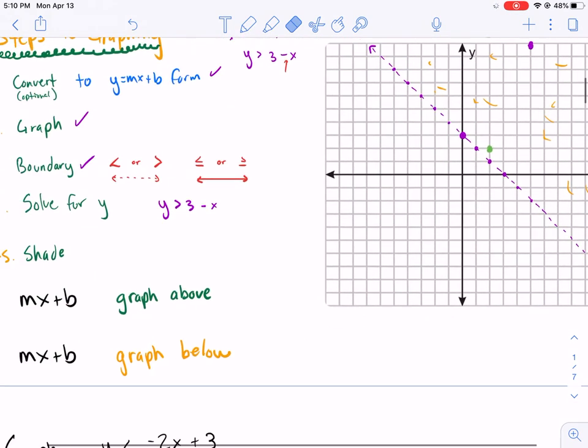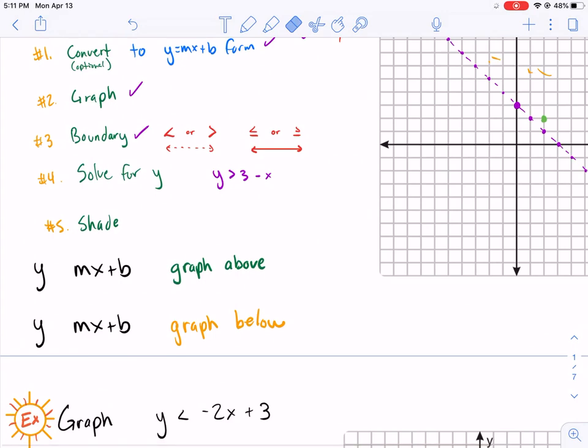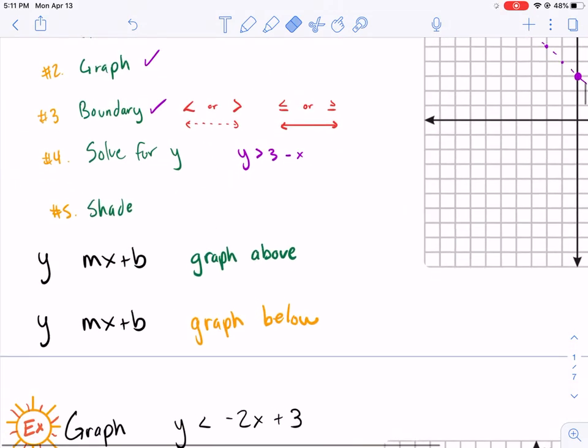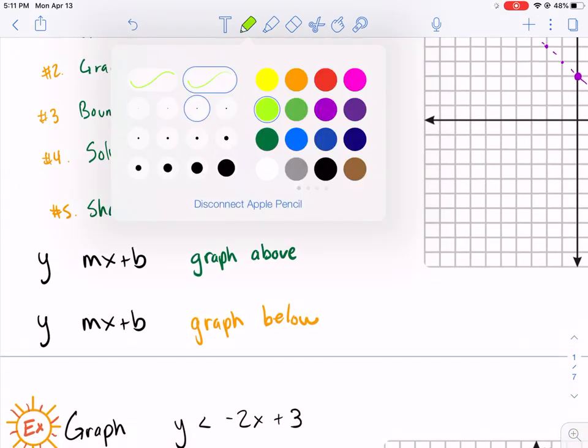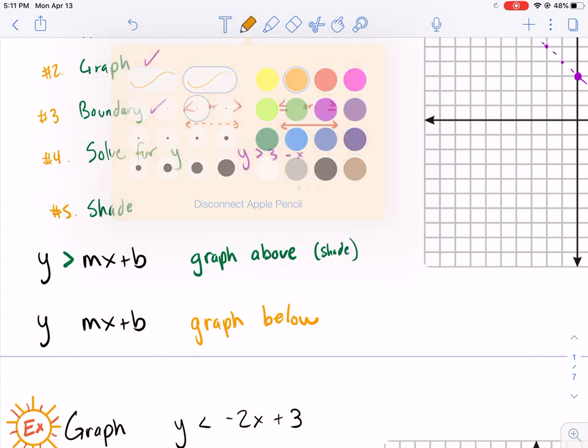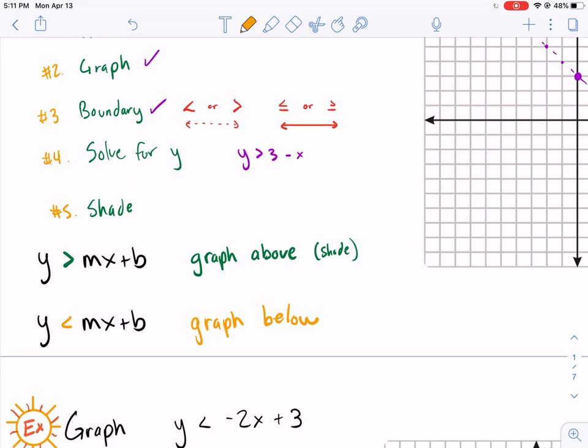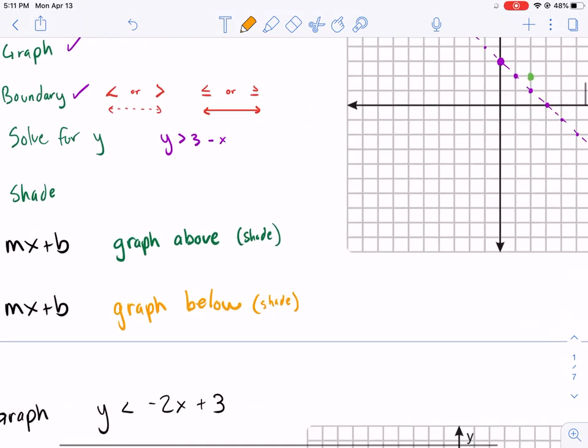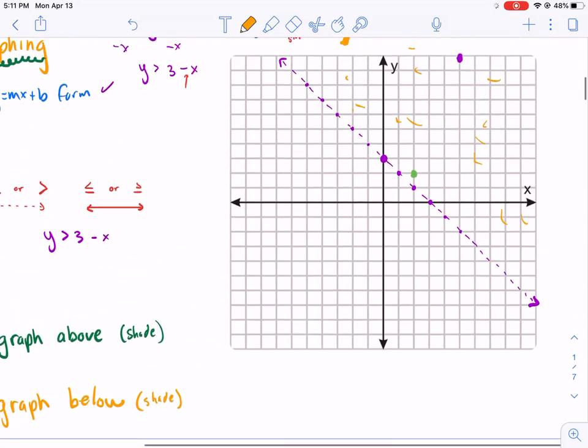Okay? So if it's y is greater than, you are going to graph above. And I like to think of this as shade. You're going to shade above. If it's y is less than, you are going to shade below the line. Some people get confused on where the shading is.